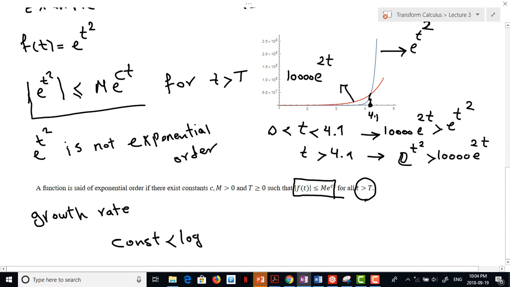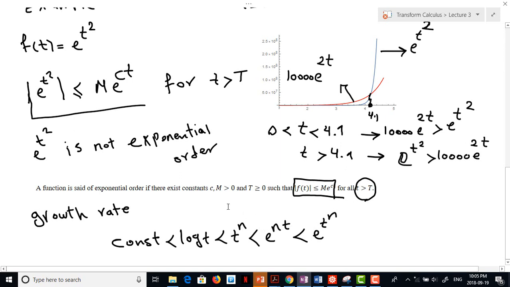After the logarithmic function, we have t to the power of n. After that we have e to the power of nt, and after that is e to the power of t^n. As a result, as t approaches infinity, for sure e to the power of t squared is greater than e to the power of nt, doesn't matter what n is.